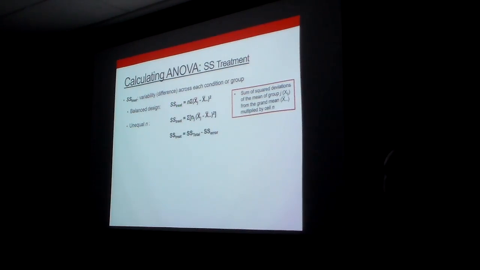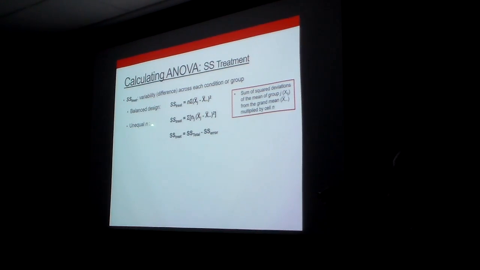Our sum of squares treatment is going to be our n, the size of each sample, the same n because we've got the same number in each group, multiplied by the sample mean of group j minus the grand mean, squared. Okay? So here is the sum of squared deviations of the group mean from the grand mean, multiplied by the number of people in each cell. This is going to give us our between subjects treatment.